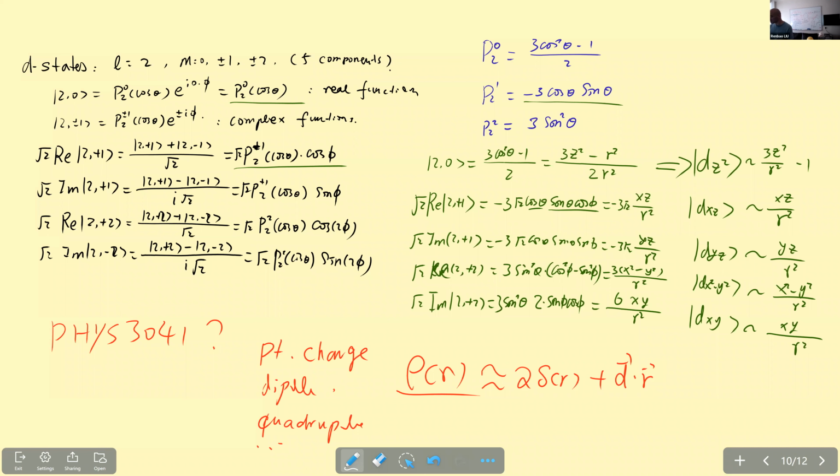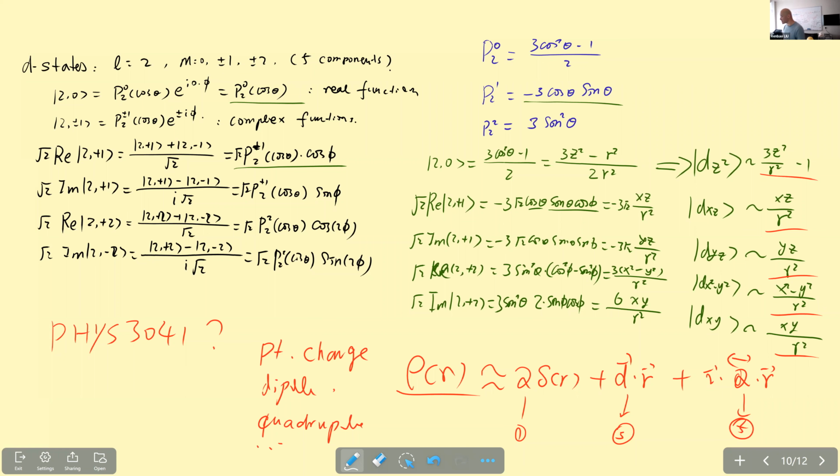And then you can also have a quadrupole, something like this. But anyway, you know that you can expand the charge distribution into a point charge, dipole, quadrupole, octupole. This one has one component, this one has 3 components, and this one has 5 components. So these are exactly the 5 components of a quadrupole.